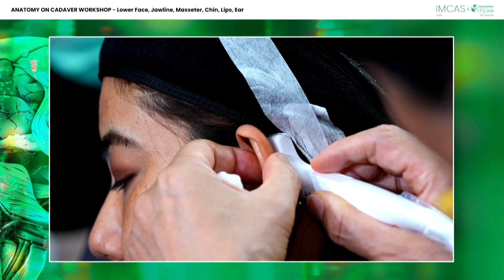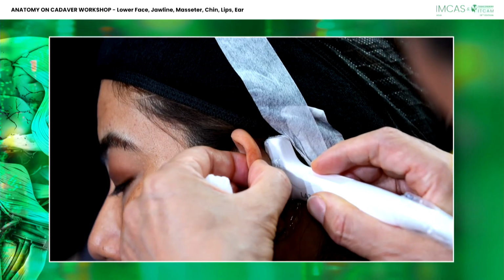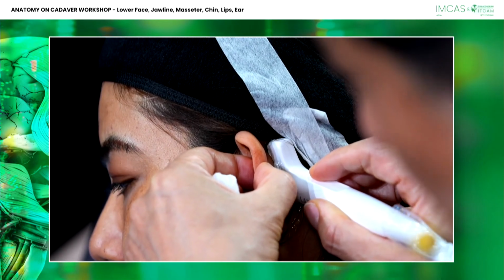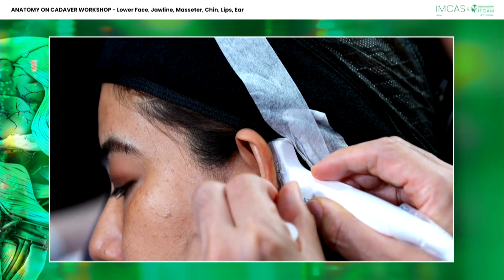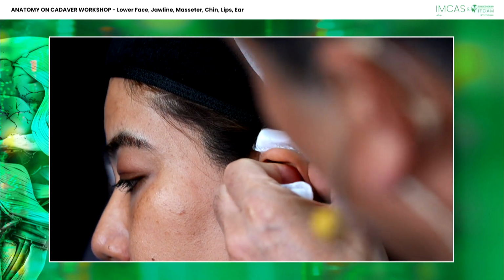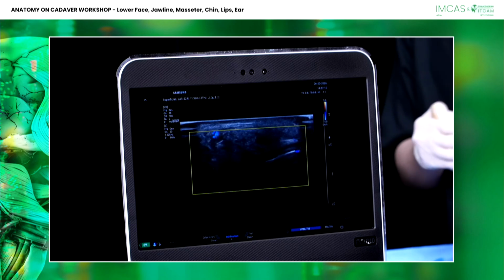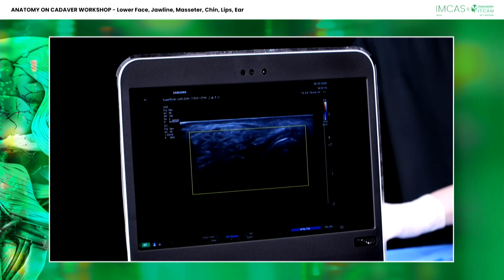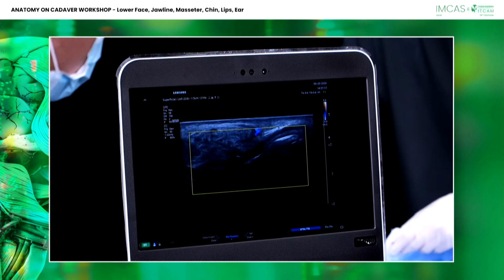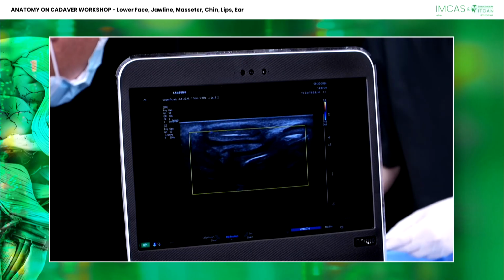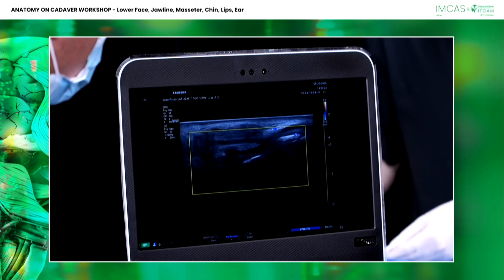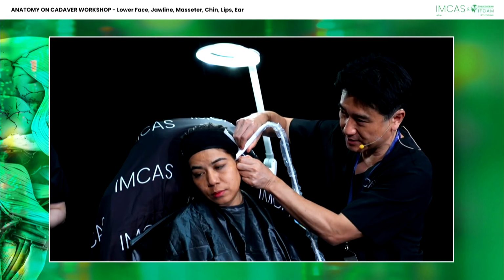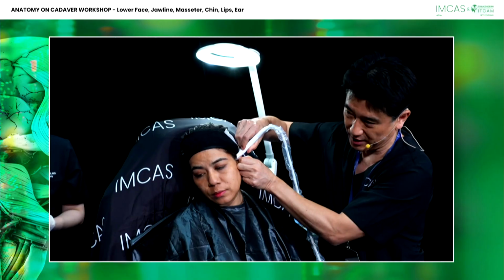The layer is very thin, so it is important not to inject the filler in that area. And in the superior area, you can see the superior auricular artery. Okay, in her case, it is okay.